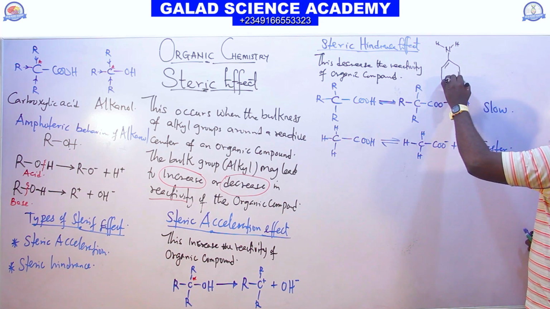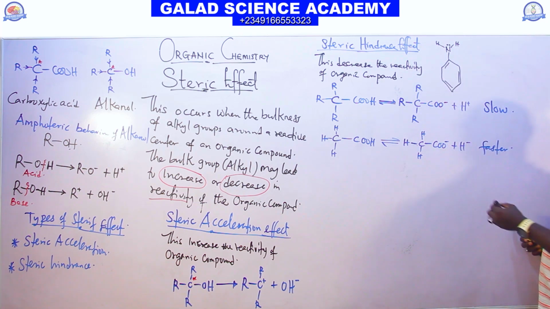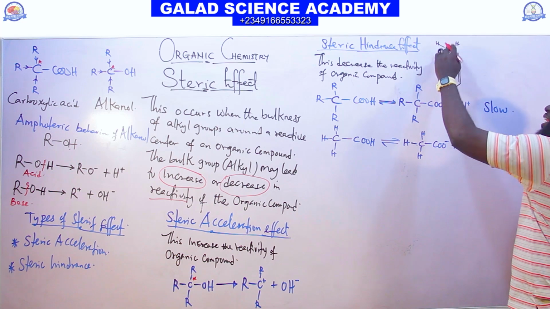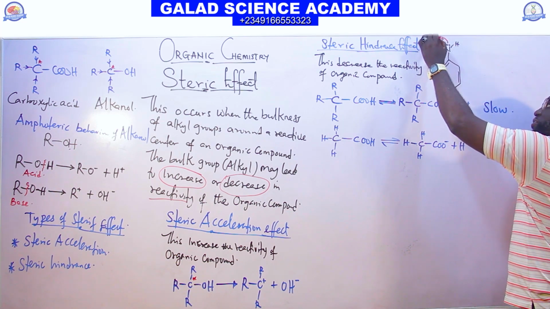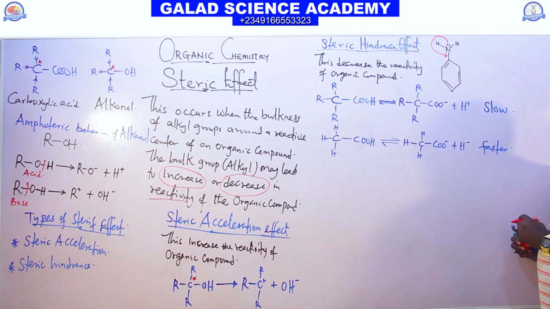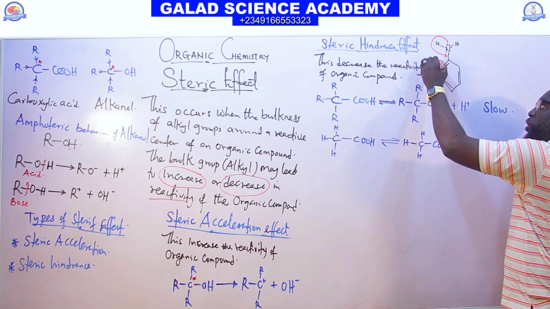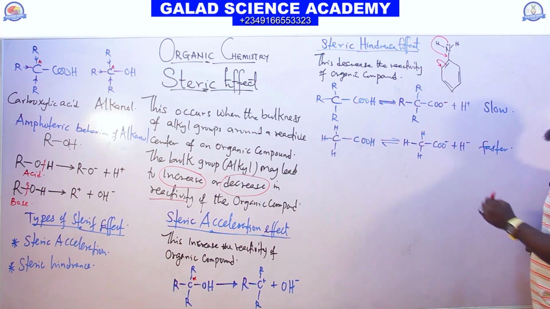Here we have one lone pair of electrons, and it's very easy for aniline to transfer this bond electron to this side, the resonance. If you transfer this to this side, this one will come to this side.